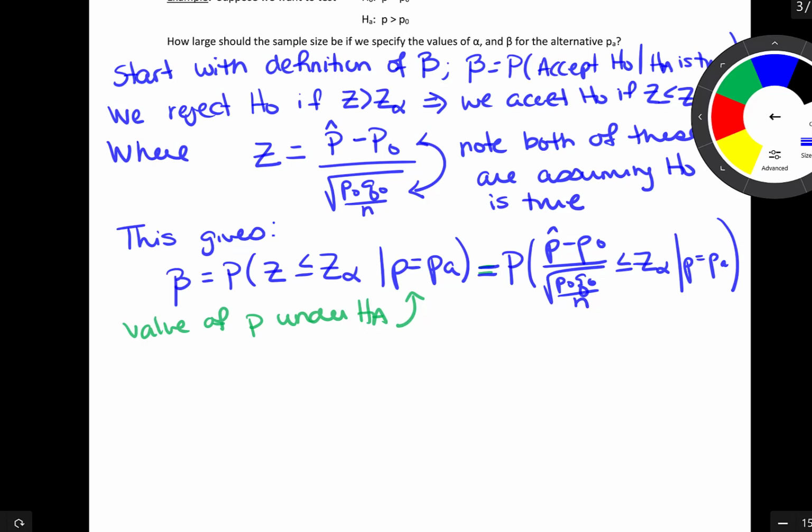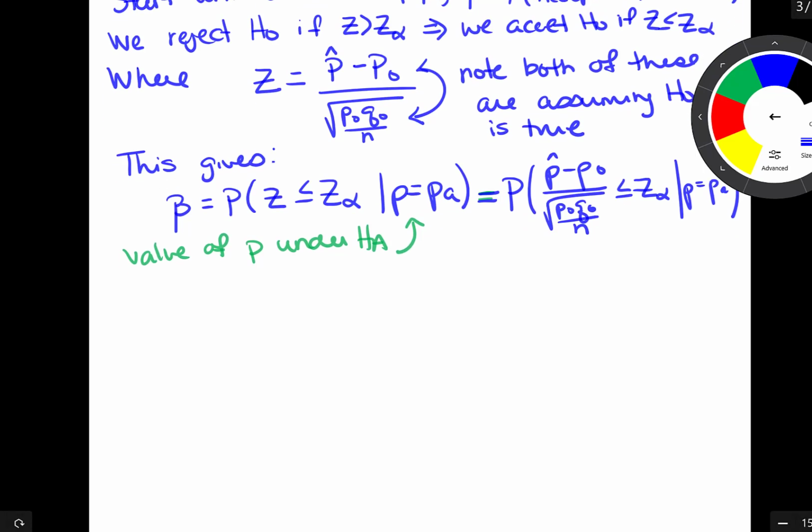So again, notice here we've got values of P under the null and the values of P under that specific place in the alternative hypothesis. So next, we want to get P hat by itself. So very similar to before when we got Y bar by itself. So the idea is, again, we're going to get that estimator by itself.